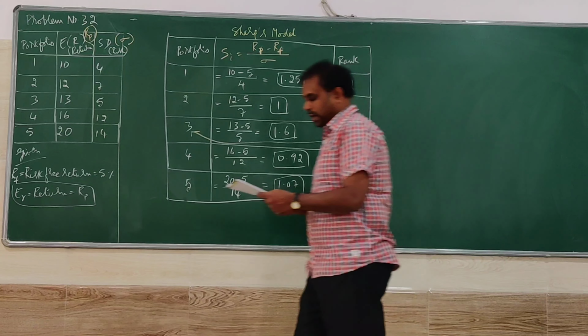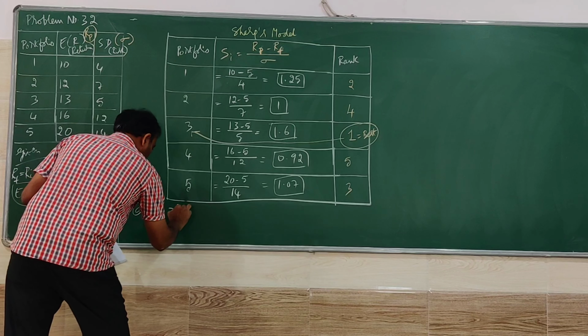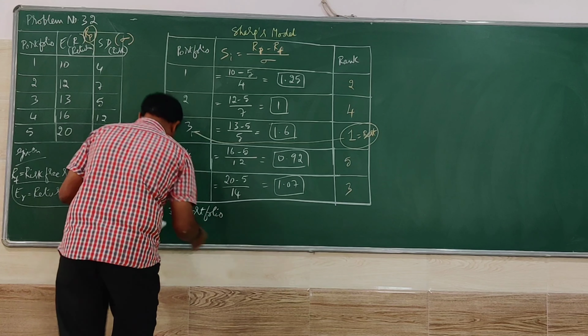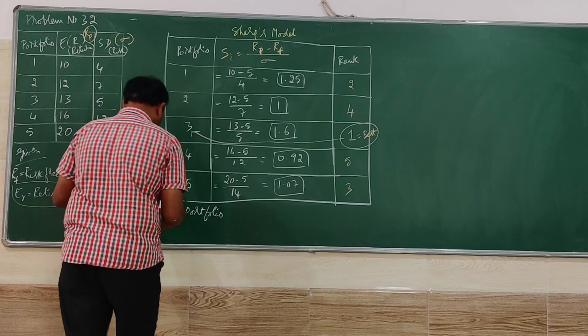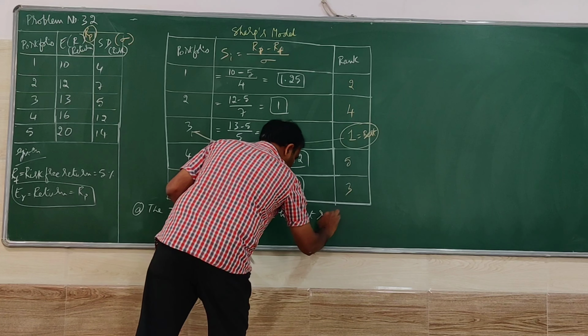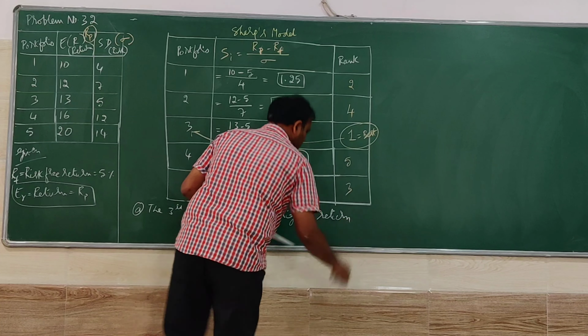So I can write a conclusion for that. The third portfolio is the highest return. This is the answer for the first question. The third portfolio gives the highest return.